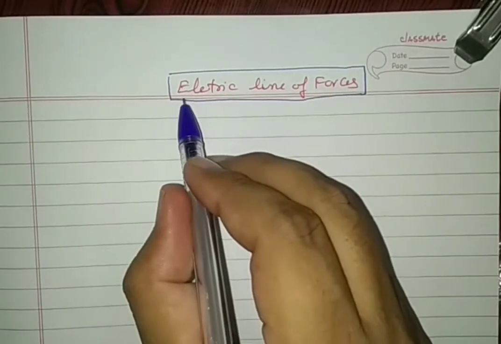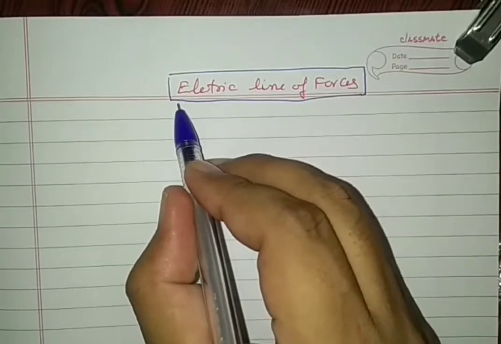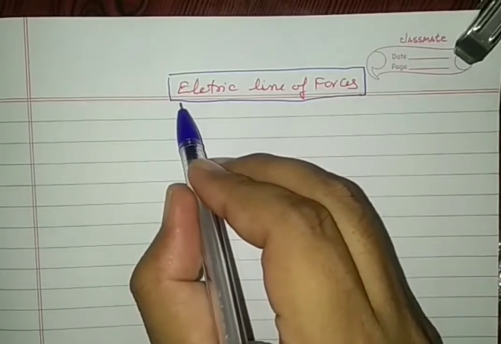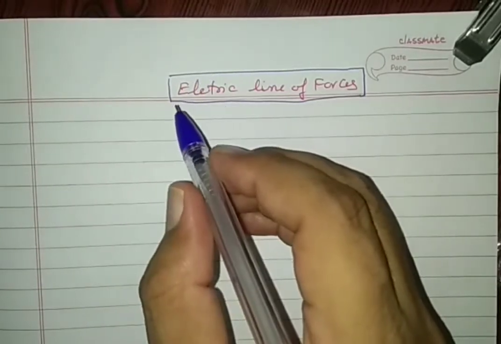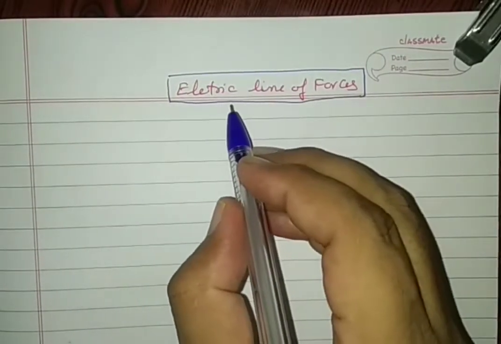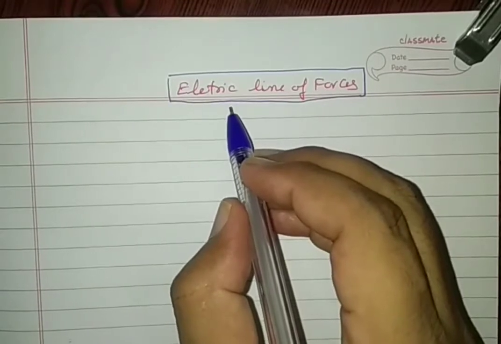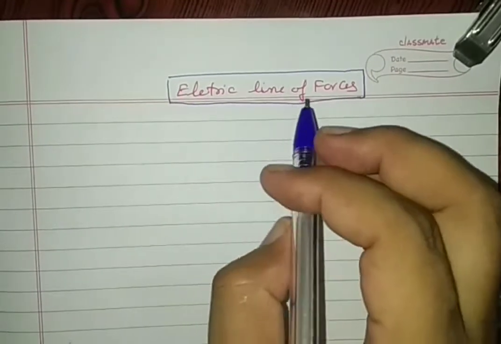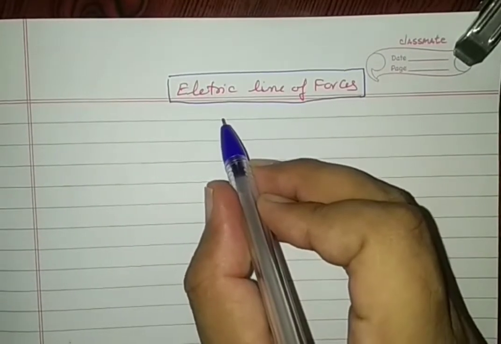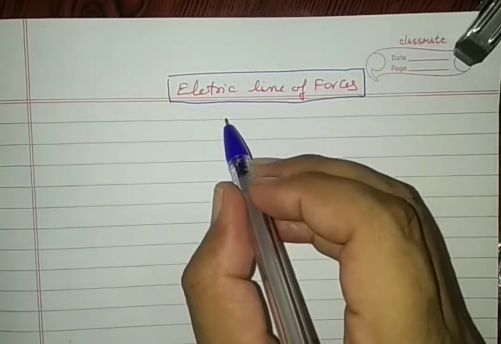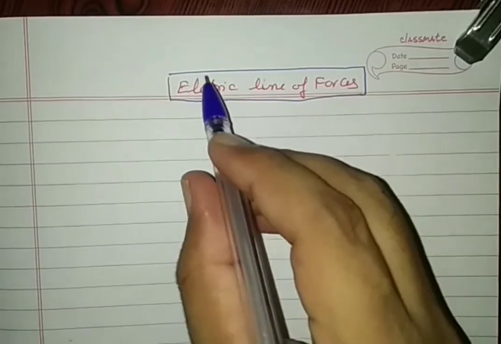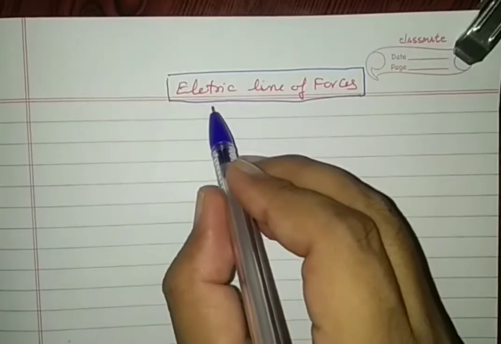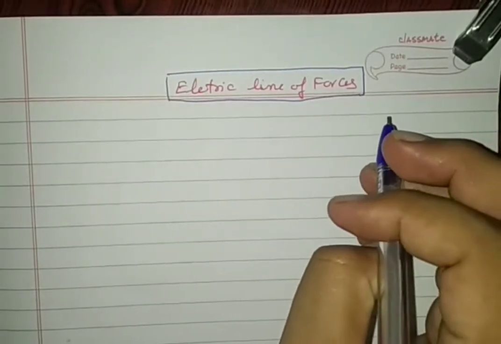Without knowing the concept of electric line of forces, we cannot understand electrostatics well. Electrostatics means not Coulomb's law, not the mathematical derivation, but it is to know clearly about Gauss's law and its application, and that can only be understood if we have a clear fundamental of electric line of forces.